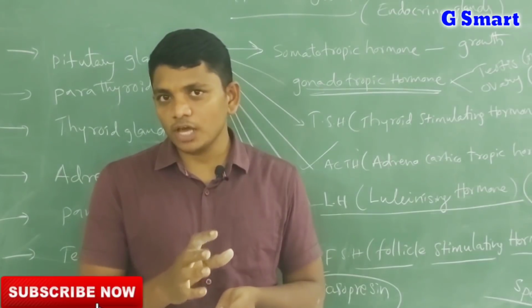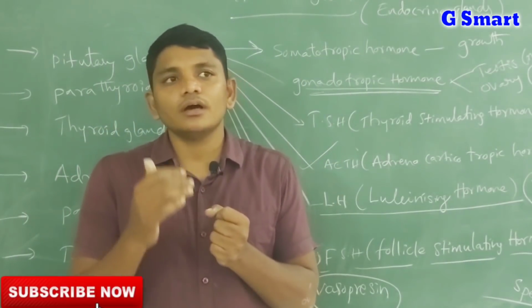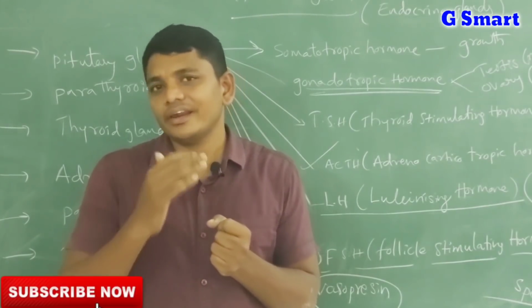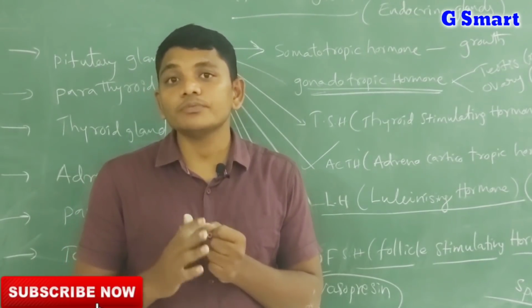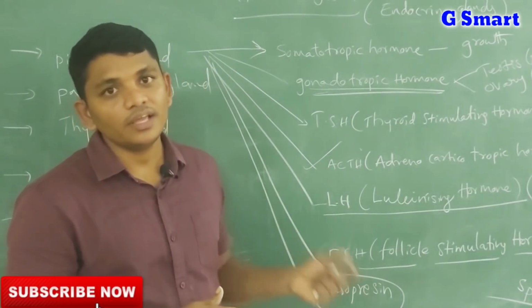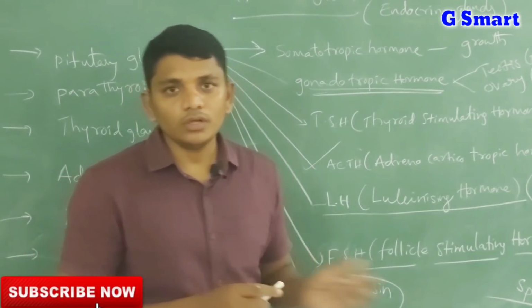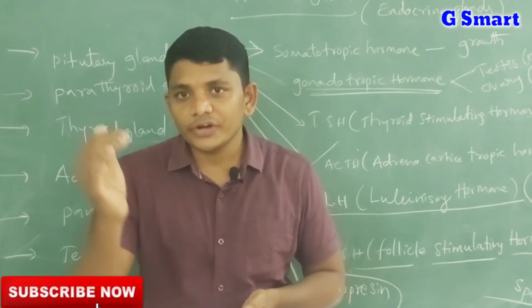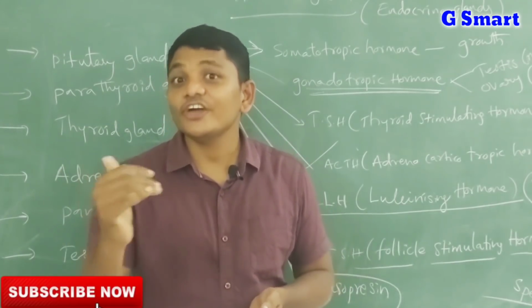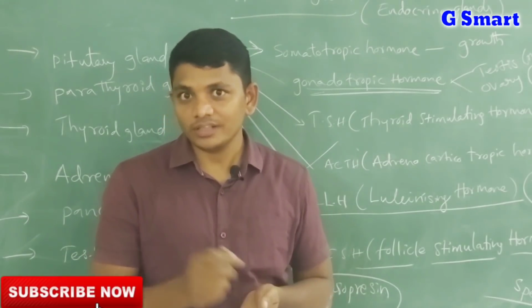If vasopressin is not released by the pituitary gland, then urine comes continuously, with no gaps in urination. So repeated urination may occur when vasopressin is low. It is responsible for reabsorbing the water from the urine.